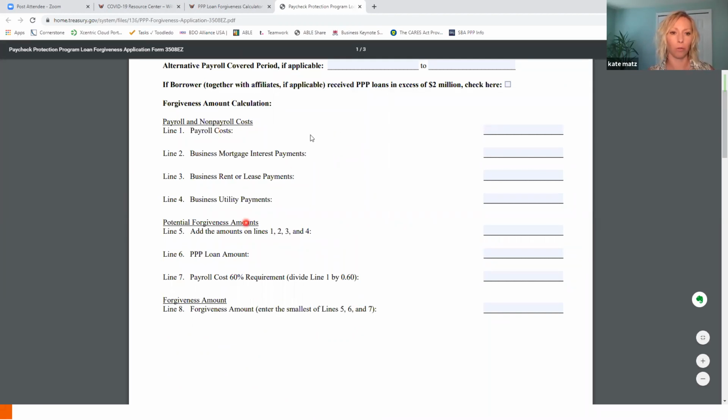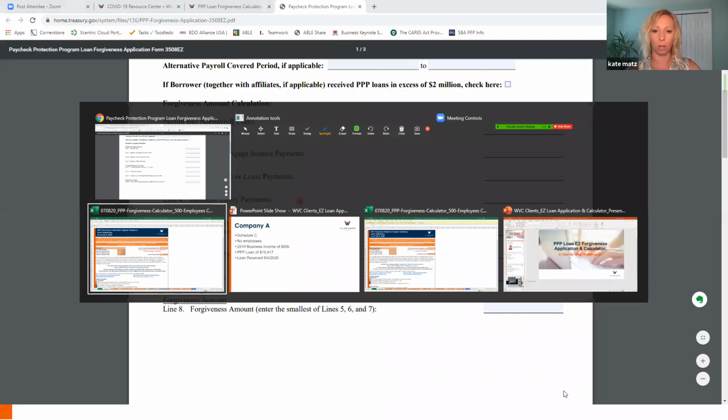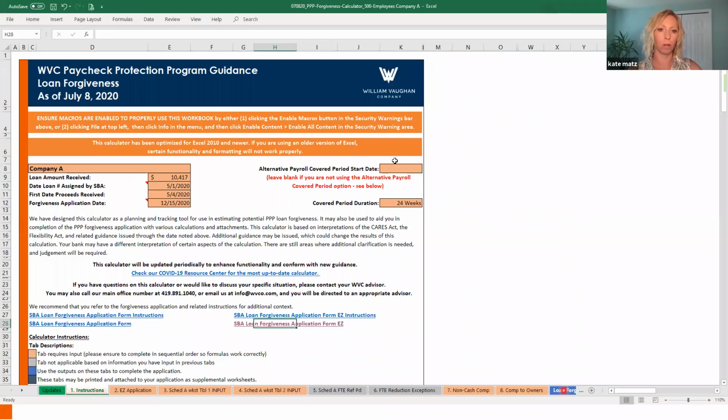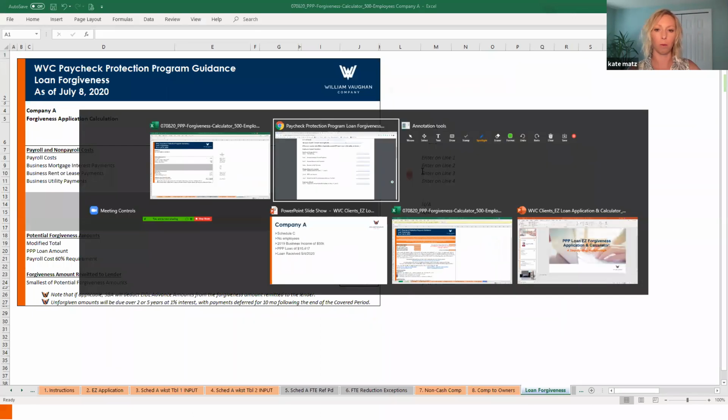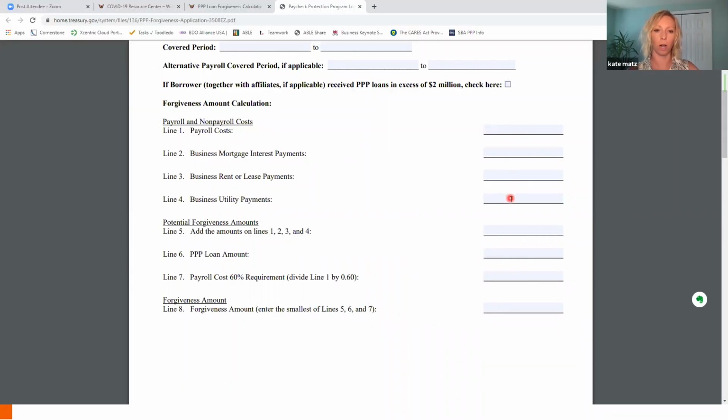So lines 1 through 4, we've got payroll, mortgage interest, rent, and utilities. And if we flip back to the calculator, same thing, we've got lines 1 through 4, payroll, mortgage interest, rent, and utilities. So you would simply take those numbers and type those into 1 through 4 on the application.